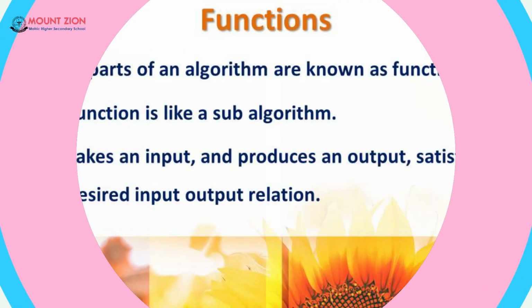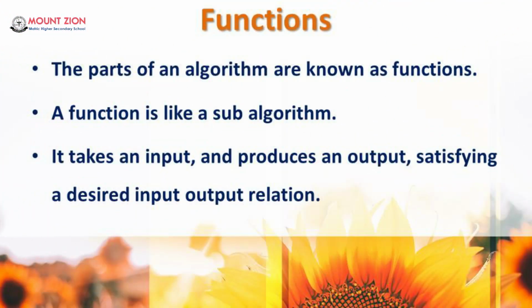The next one is functions. Algorithms can become very complex. The variables of an algorithm and the dependencies among the variables may be too many. Then it is very difficult to build algorithms correctly. In such situations, we break an algorithm into parts, construct each part separately, and then integrate.